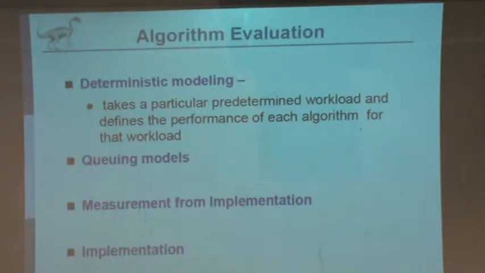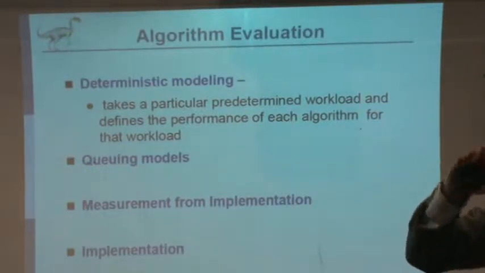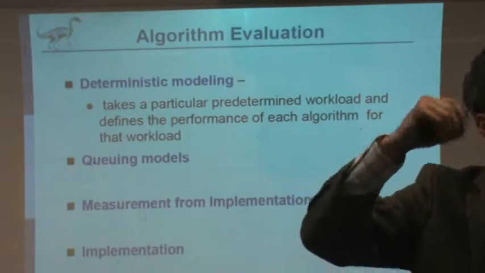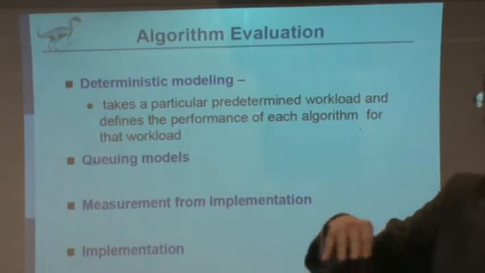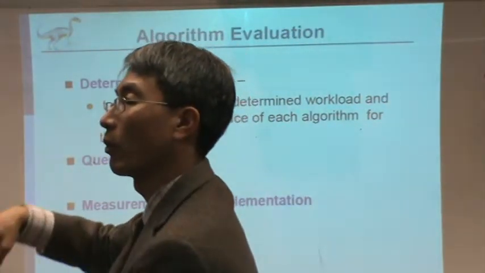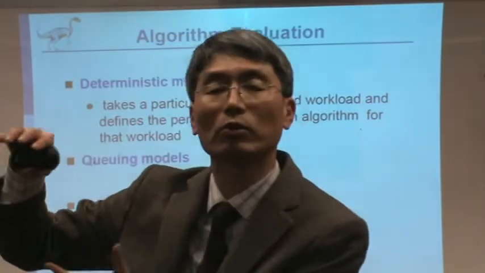We have a list of processes: process 0, arrival time 0, with CPU burst time 10 and priority 1. Process 2 arrives, and so on. So we have a list of processes. Then we check each algorithm and calculate the average waiting time of first come first serve and the average waiting time of shortest job first.